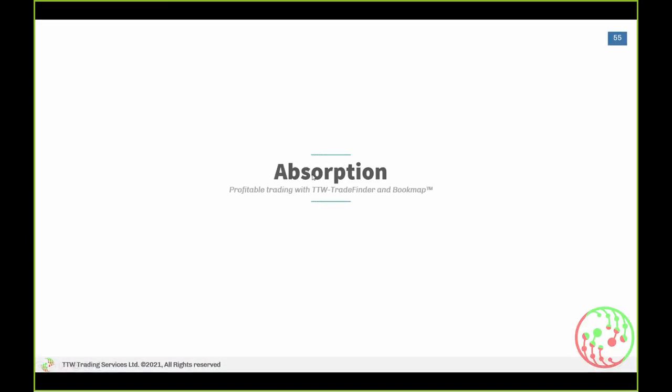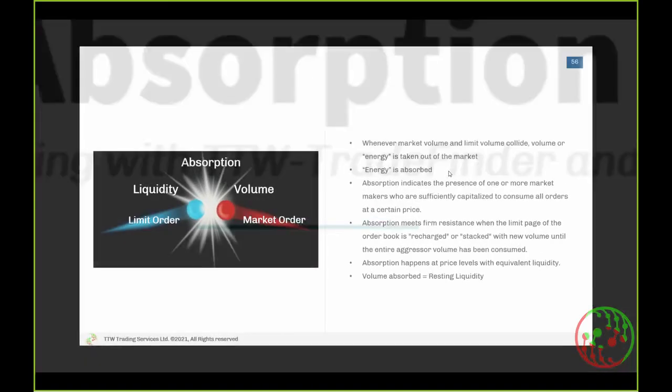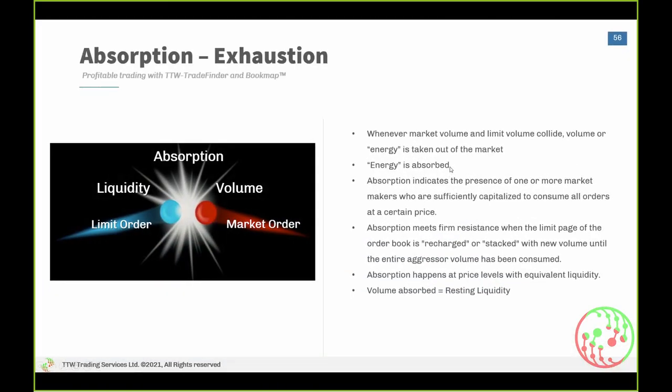I will jump up. Absorption. I don't want to talk about absorption very long here. So absorption happens all the time when liquidity, so a market order, meets or collides with limit orders.